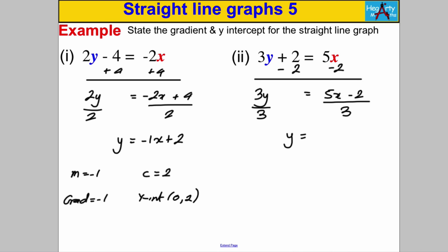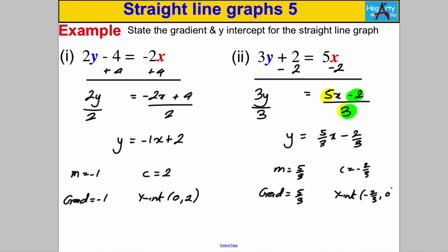So y is going to be 5 divided by 3, which is 5/3, so I'm going to write 5/3 x, and separately I'm going to do negative 2 divided by 3, which is going to give me negative 2/3. So m is therefore 5/3, so the gradient is 5/3, and c is negative 2/3, so the y-intercept is 0, negative 2/3, and we're done.